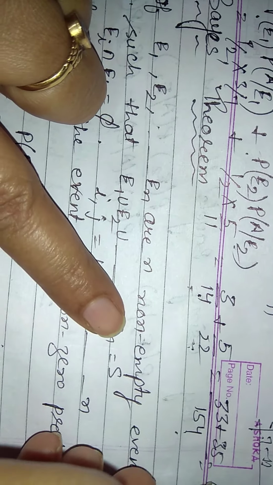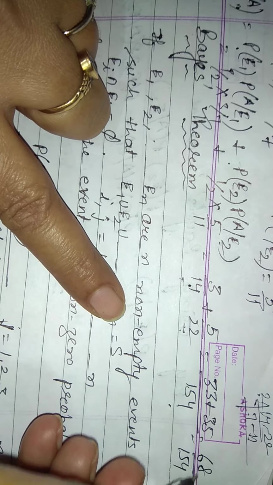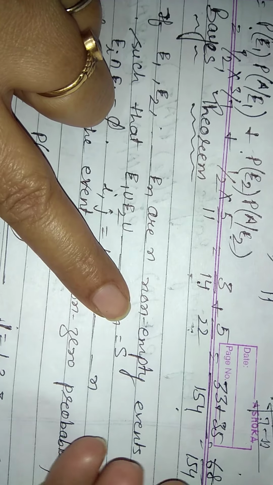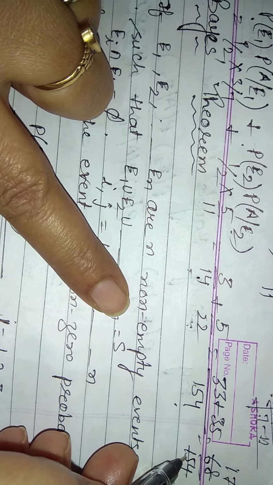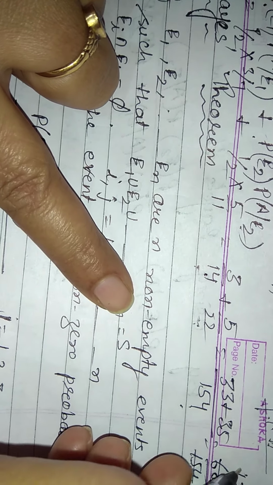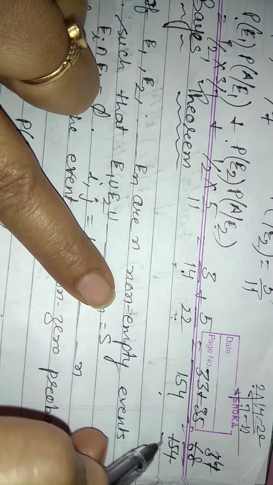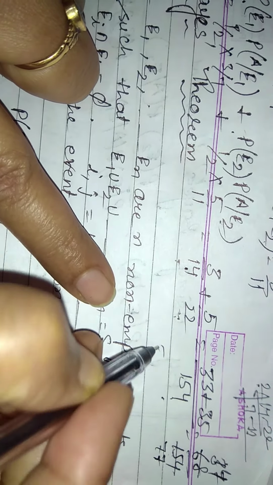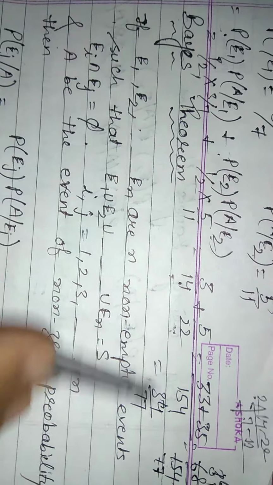So it will be 68 upon 154. Cancel it. It will not go by 4, it will go by 2: 34 and 2 sevens 7. So the answer is 34 upon 77. This is the total probability.